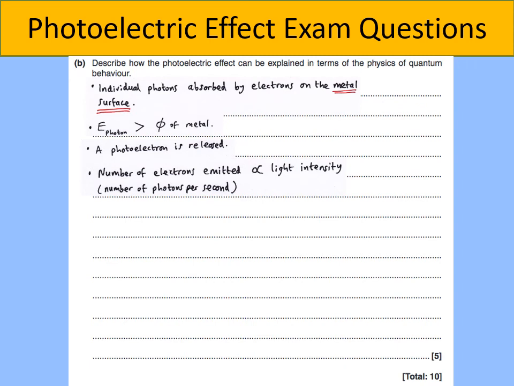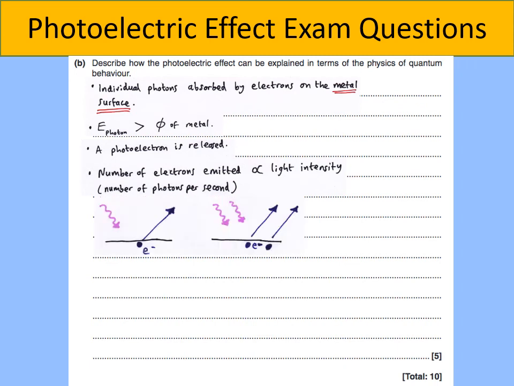So a higher rate of photons landing means a higher rate of electrons escaping, and that can be shown by this diagram here. Okay, there we see that we doubled the number of photons, we simply double the number of electrons. Remember it's a one-to-one interaction, so one photon causes the emission of one electron, as long as we are above the threshold frequency.